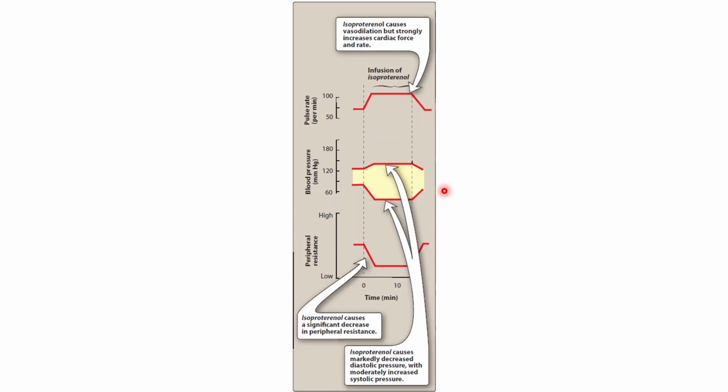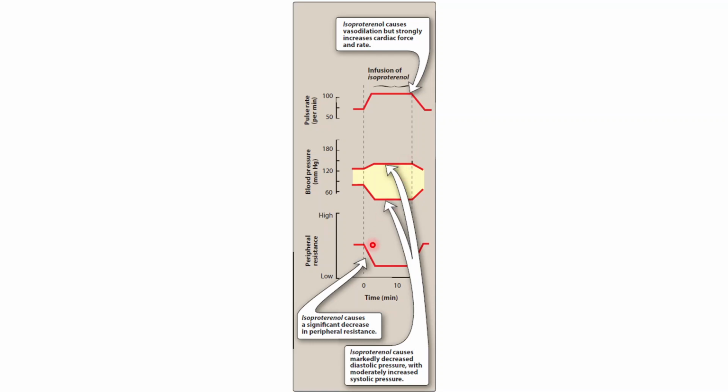The third is isoproterenol, a direct-acting synthetic catecholamine that mostly stimulates beta-1 and beta-2 adrenergic receptors. Isoproterenol produces stimulation of the heart, and it decreases diastolic blood pressure and slightly increases the systolic blood pressure.